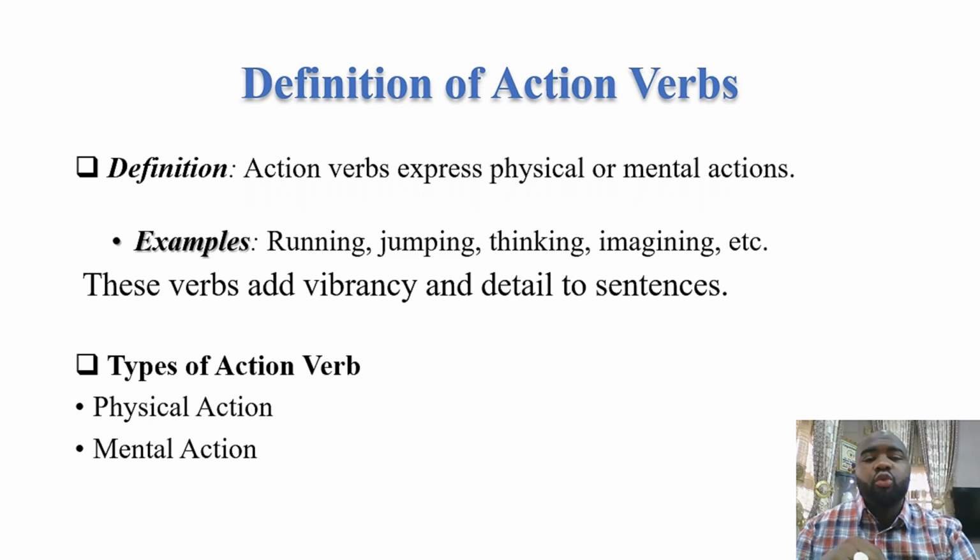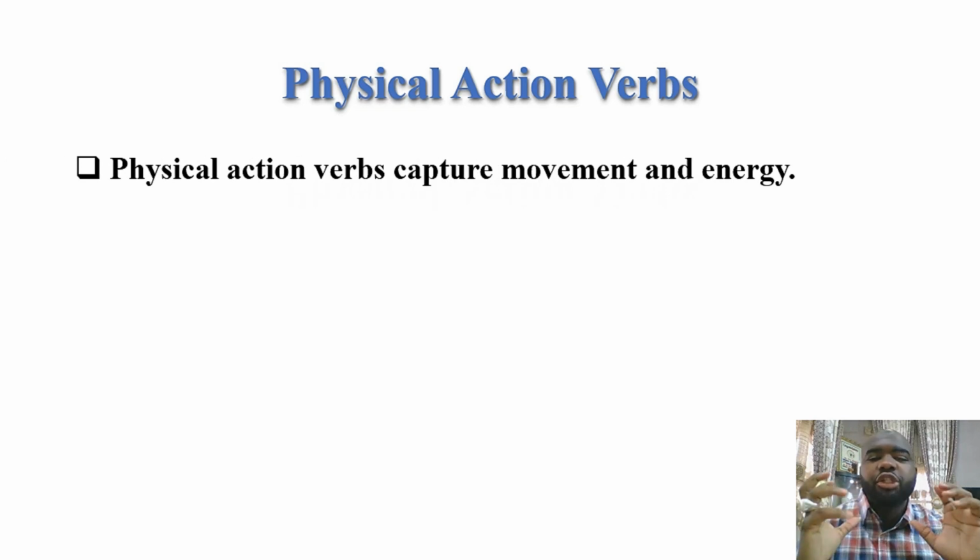We're going to begin with the physical action, something you're doing, something that can be seen. All right, the physical action verbs capture movement and energy. What you're doing physically, people see, people capture, people really know what you're doing.